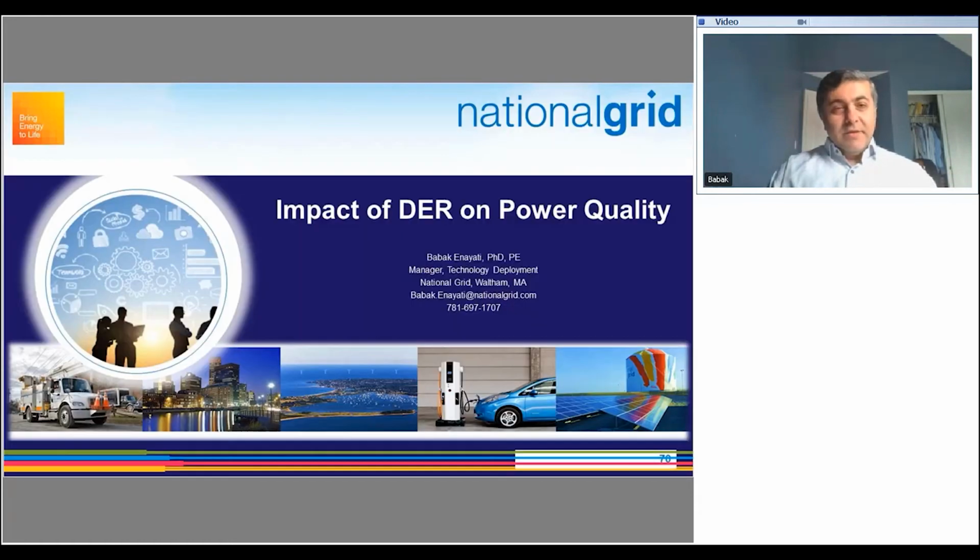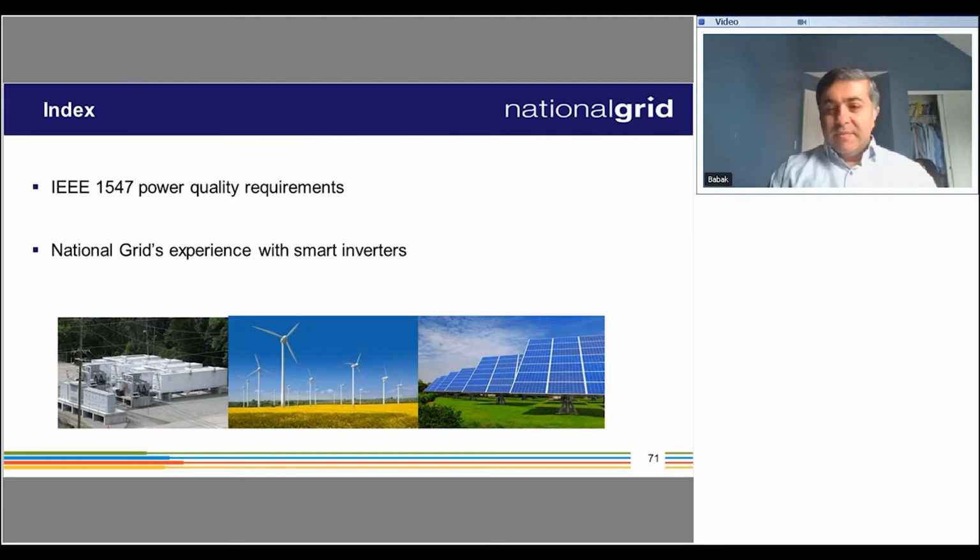All right, so the agenda for our presentation. First, I'll start off with some power quality sections in the IEEE 1547. If you're not familiar with the standard, this is a standard that is widely used in the world, which basically applies to distributed energy resources interconnection, or I should say integration, to the electric power system on the distribution side.